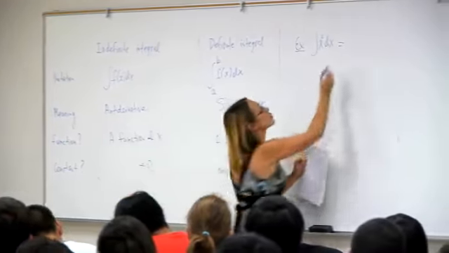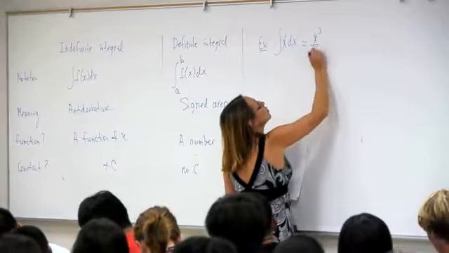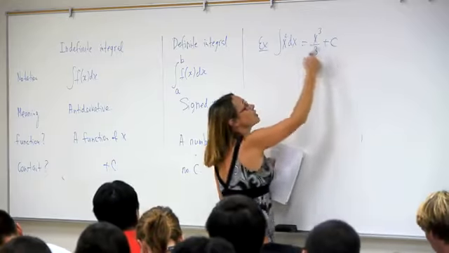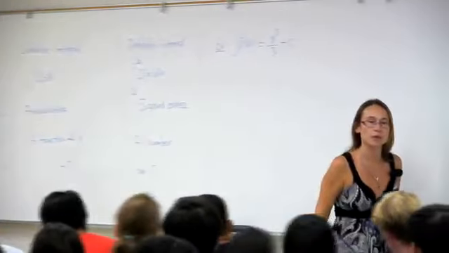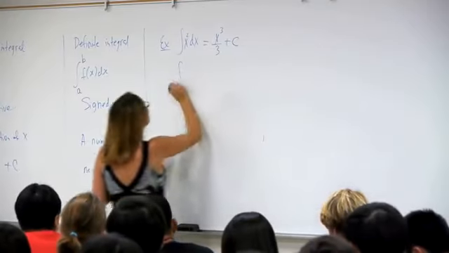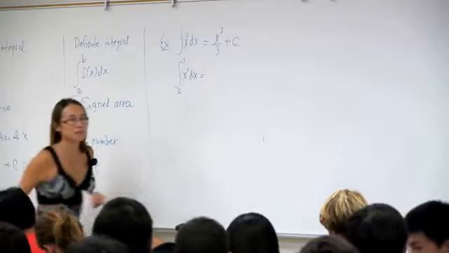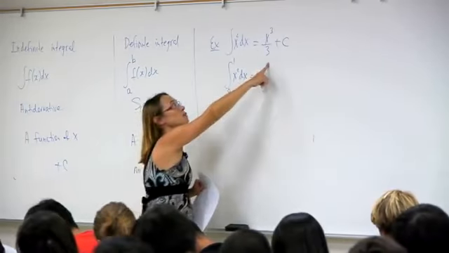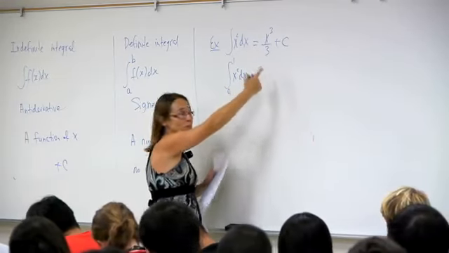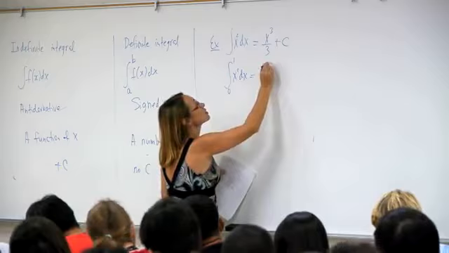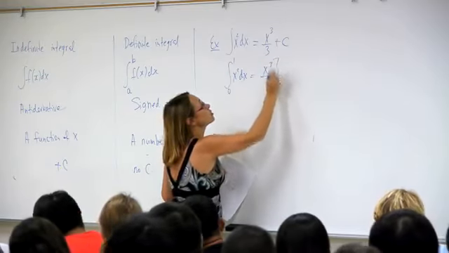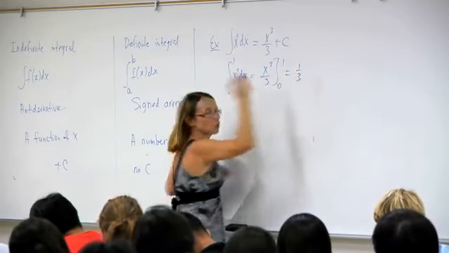We need the antiderivative, so the answer is x cubed over 3 plus c. It's a function of x. It has an additive constant. Okay. Now, from 0 to 1, this is now a definite integral, and we can use the result from here to get the answer. So we just say x cubed over 3 from 0 to 1, and we already know it's 1/3.